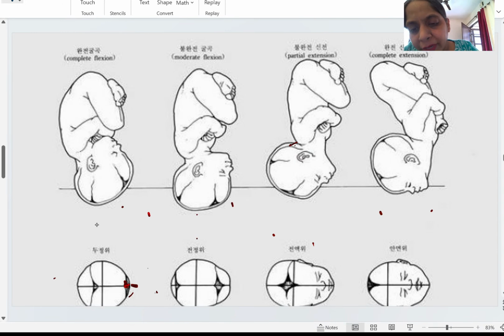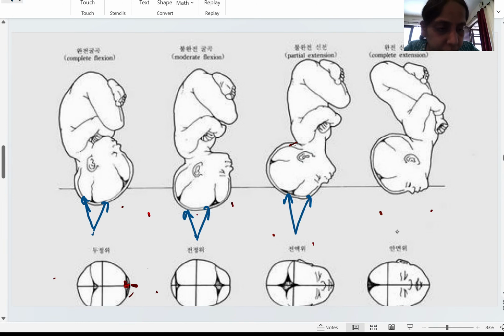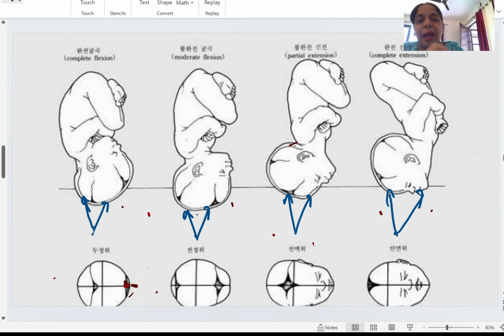Where will we do PV? These are our two fingers. So, what is the presenting part in the first image?